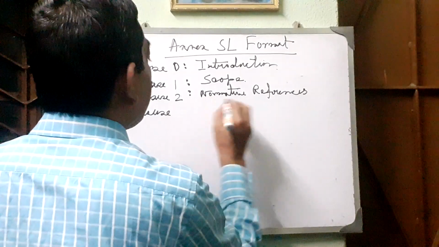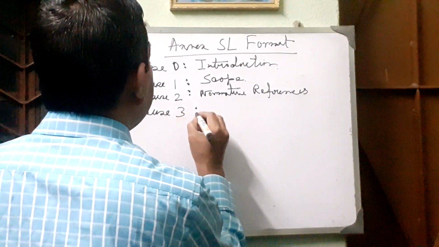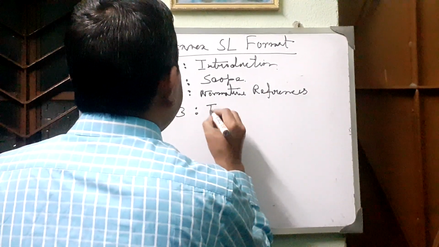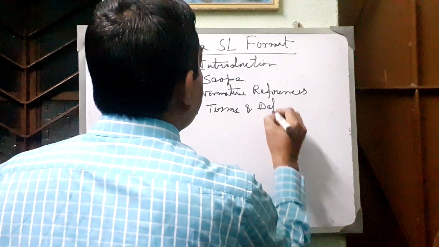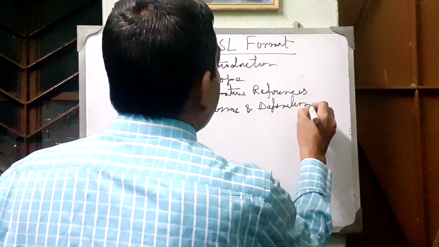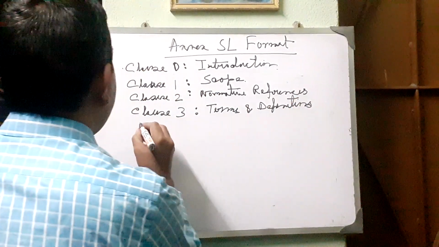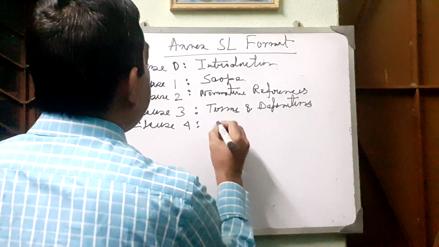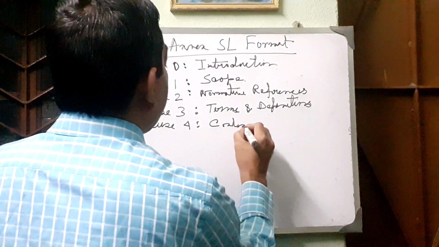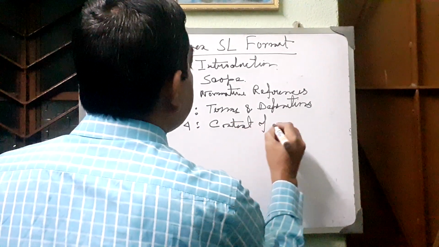Clause 2 is the normative references. Clause 3 is the terms and definitions. Clause 4 is the context of the organization.